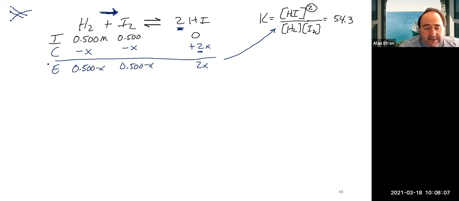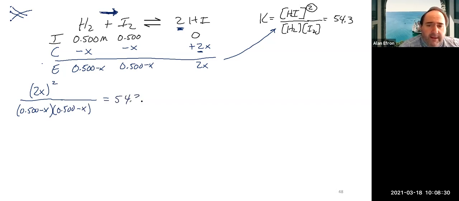That will give us our 2x, and again, it would be squared, divided by our 0.5 minus x times our 0.5 minus x. And again, that would equal 54.3.